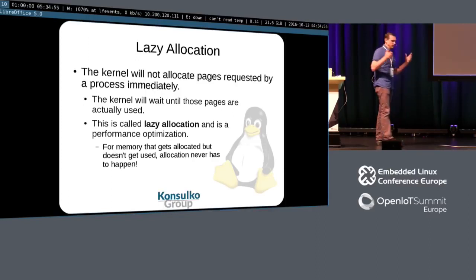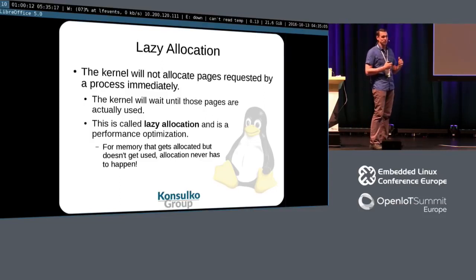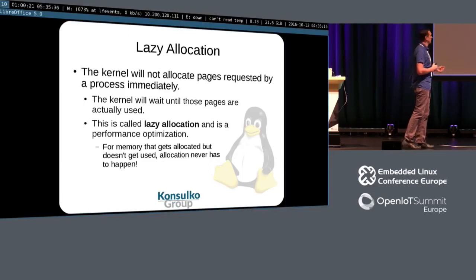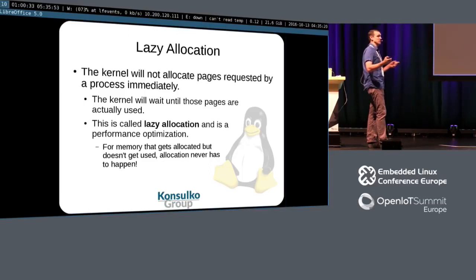All right, let's talk about lazy allocation. One of the things you will notice when you work on a Linux system or a classic Unix system is that the kernel's not going to allocate memory directly. You saw your call actually come back successfully, right? You got virtual memory, but it didn't actually allocate the physical memory, those page frames that back it.